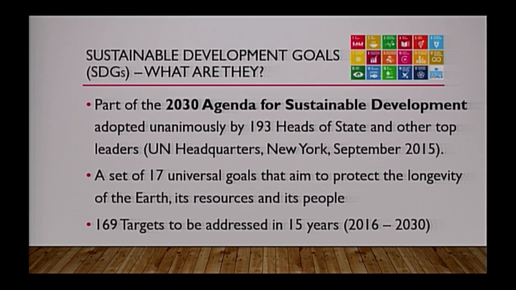And within that, there are 169 targets spread across the 17 goals to be addressed and hopefully achieved within the next 15 years. So that means from 2016 to 2030.